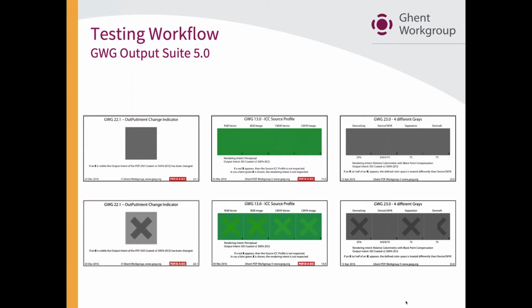We're going to go through a series of test suites here. The top row is what I expect. The bottom row is what came out of my RIP when I ran it through, and if it has an X in it, that means it didn't come out the way you thought it was going to.